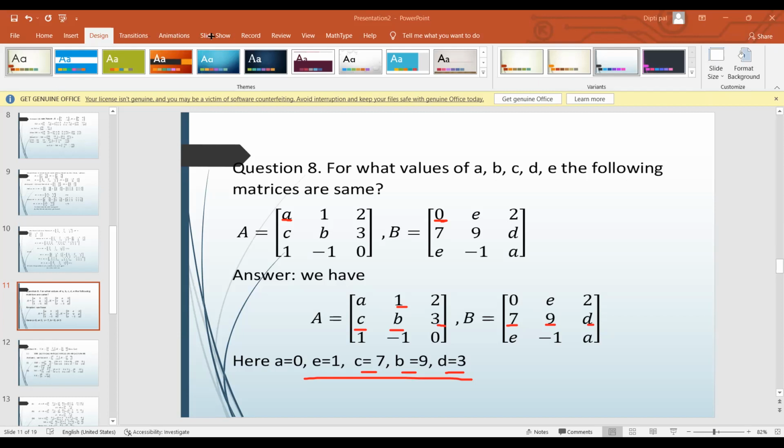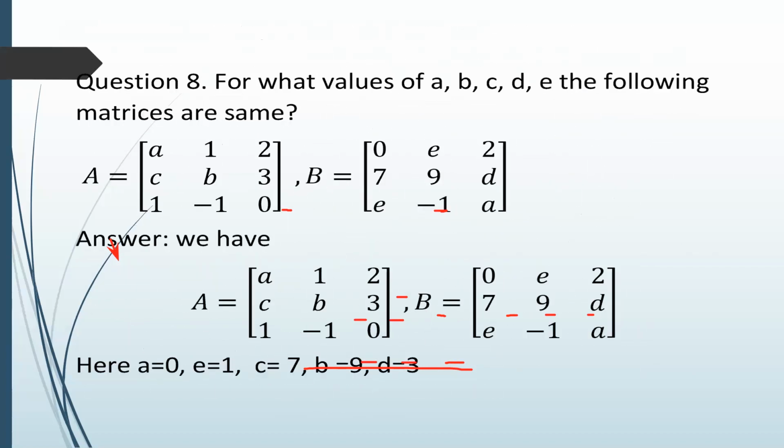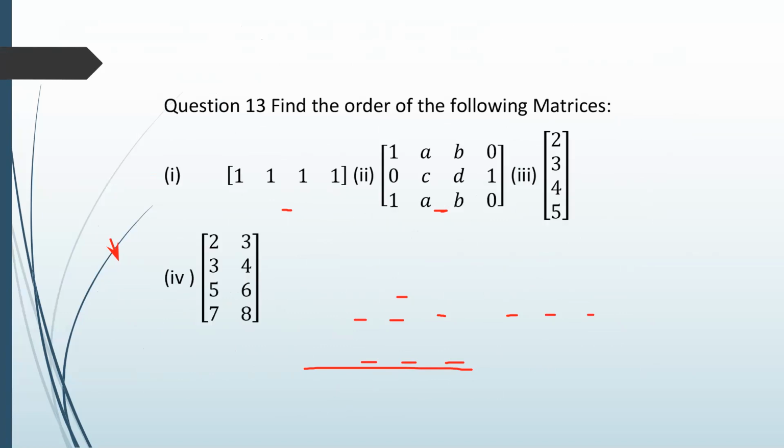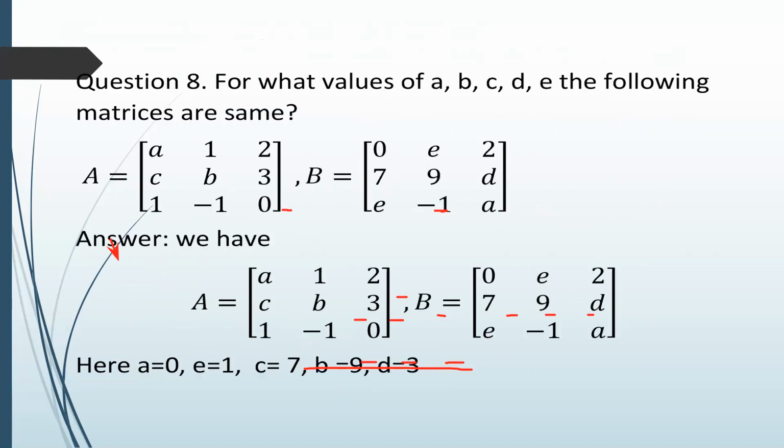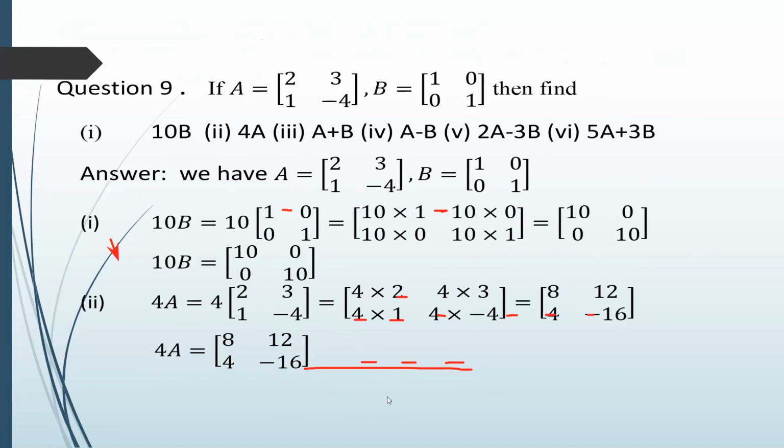Now we go for question number 9. If A is equal to 2, 3, 1, minus 4, B is 1, 0, 0, 1, then find 10A, 10B, 4A, A plus B, A minus B, 2A minus 3B, 5A plus 3B.